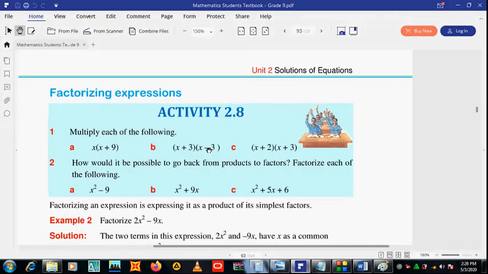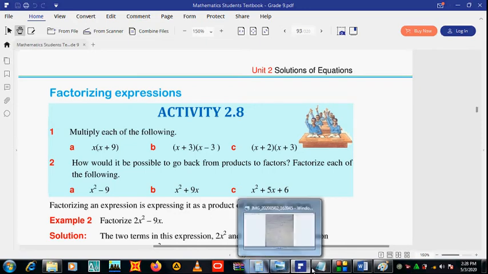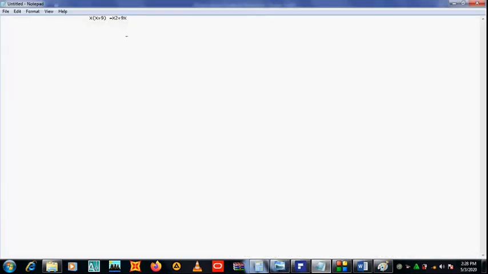Next, x plus 3 into x minus 3. How to multiply this? Open the bracket x plus 3 and multiply by x minus 3.